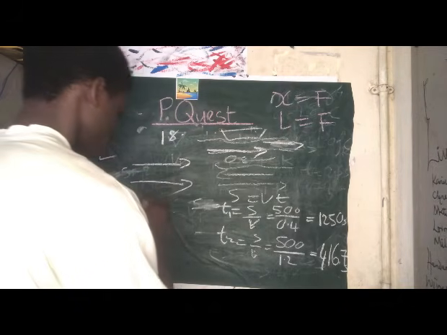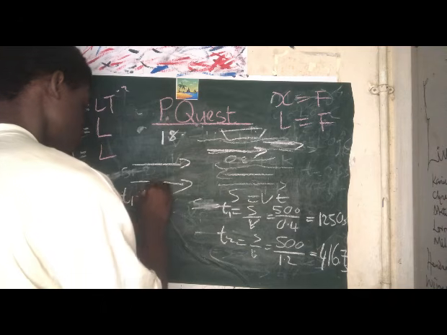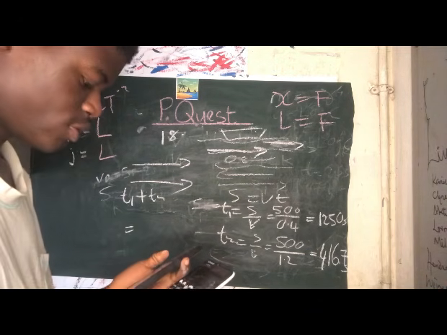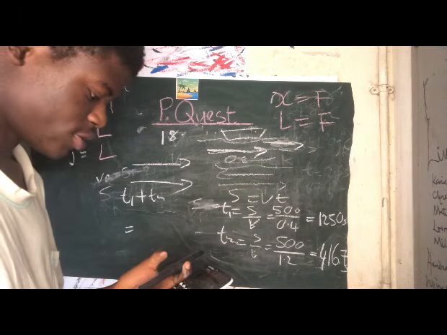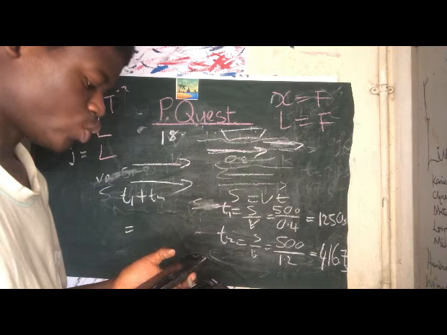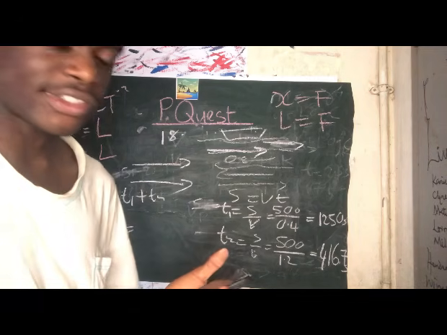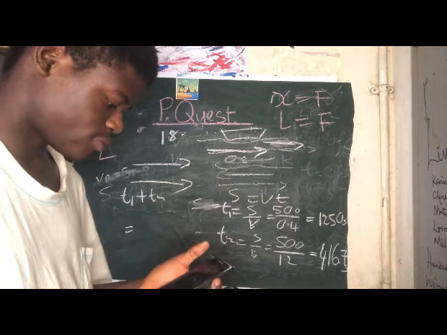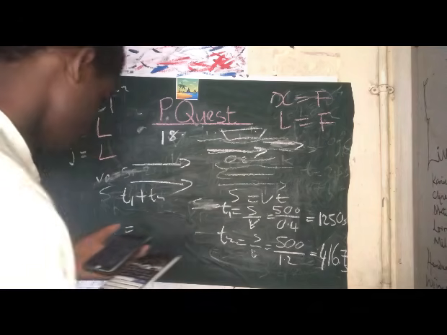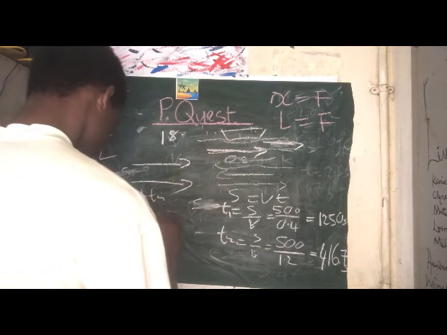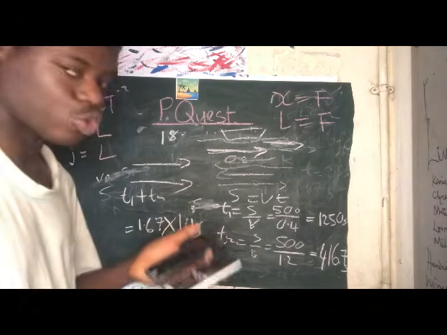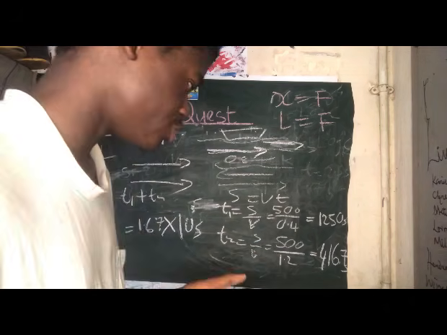So the total time, T1 plus T2, is 1,250 plus 416.7, which is 1,666.7, or 1.67 times 10 raised to the power 3 seconds, and that was option B. So question number 18 is option B.